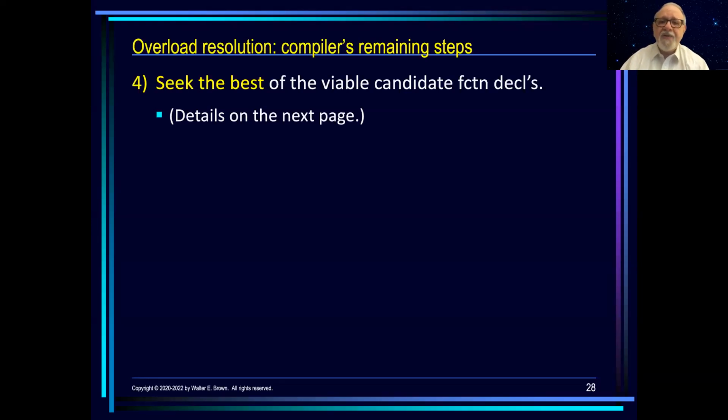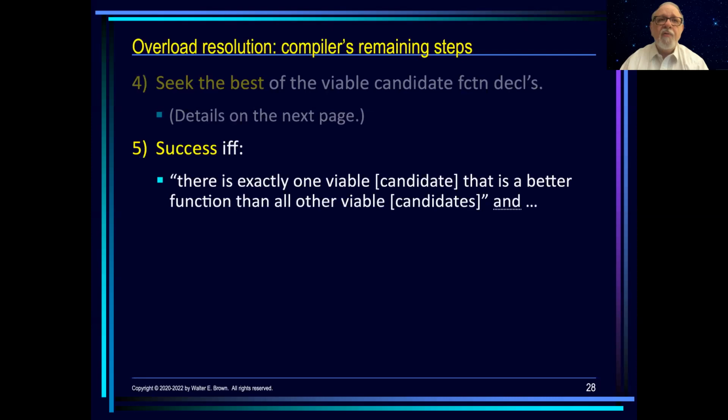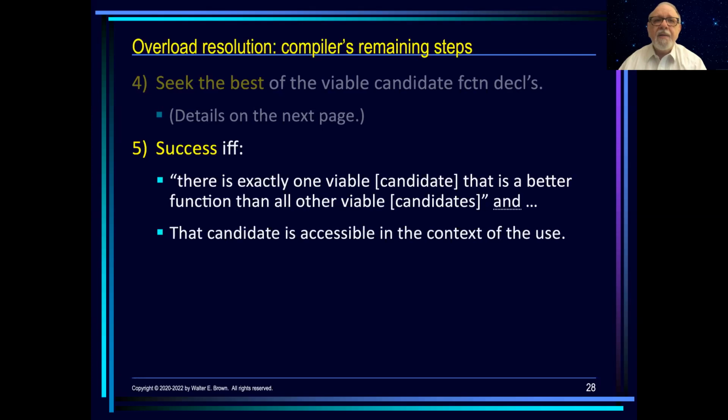But once that has finished, overload resolution will be considered successful if and only if there is exactly one viable candidate that is a better function than all the other viable candidates, and that exactly one viable candidate is accessible in the context of the use.